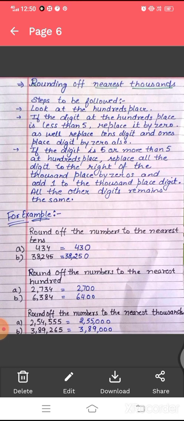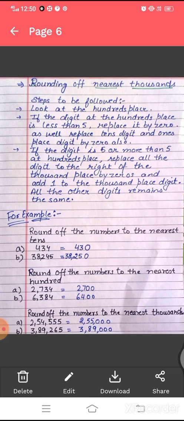So we have to replace all the digits to the right of the thousand place by 0. 4 is written at the thousand place, and to the right of that 4 we make it 0 0 0. So 0 at hundreds place, 0 at tens place, 0 at ones place, and at the thousand place 4 is written, we add 1 to 4, so it will become 5. So the answer will be 2,55,000.